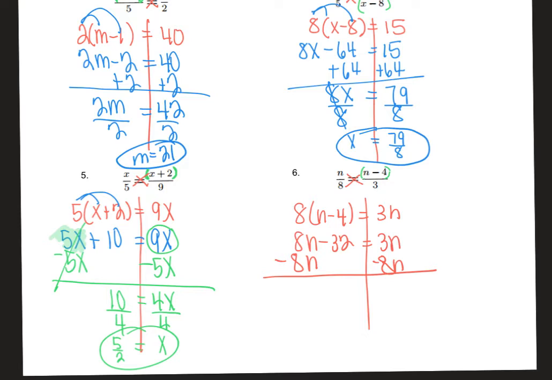Now, this is one of those cases where usually I would definitely want to subtract the smaller term, but I really don't have a choice, because if I subtract the 8n, I end up with a blank side, and I can't have an empty side of my equation, then I don't have an equation anymore. So I get negative 32 equals negative 5n. I get n equals 32 over 5 because my negatives cancel out, leaving me with a positive.